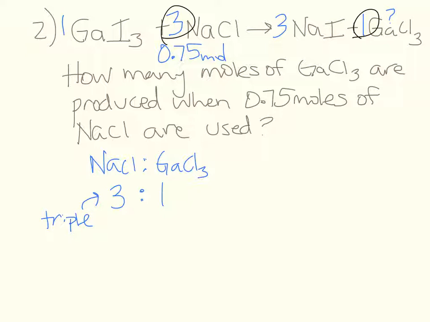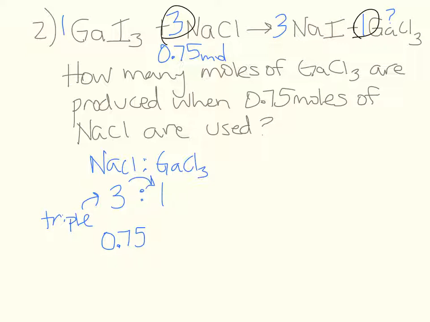In this case, we are given the amount of sodium chloride as 0.75 moles. So if sodium chloride is always triple the amount of gallium chloride, then we need to divide by 3 to get the smaller number.